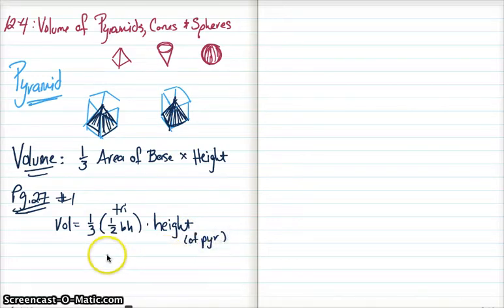Okay, so what does this mean? Well, what do we have? If we take a look at the base, we have a right triangle, and it has lengths of 12 inches and 12 inches. So its base and height are each 12 inches.